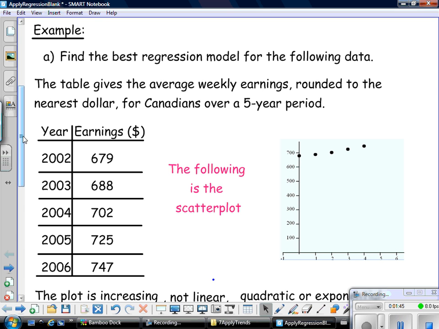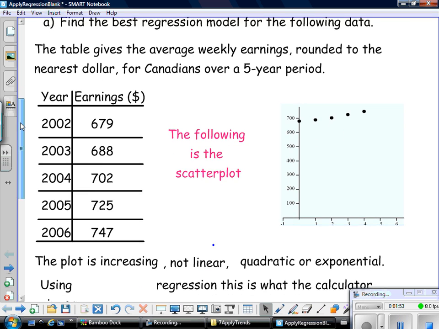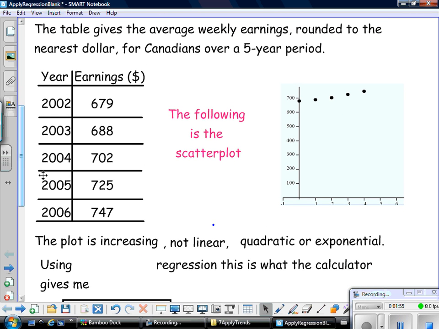Now, when I'm looking at this, remember I have to choose the best regression based on what the scatter plot shows me. So obviously, the plot is increasing, it is going up. There appears to be a curve on it, so I'm going to say it's not linear. So now I'm choosing between quadratic or exponential.